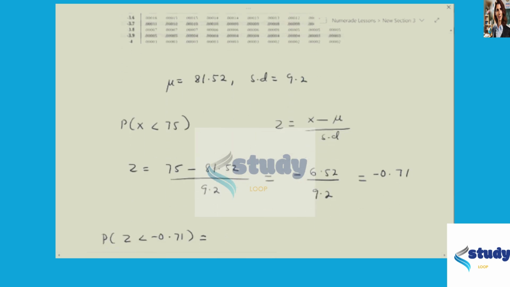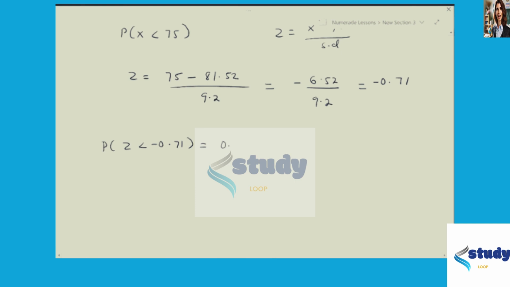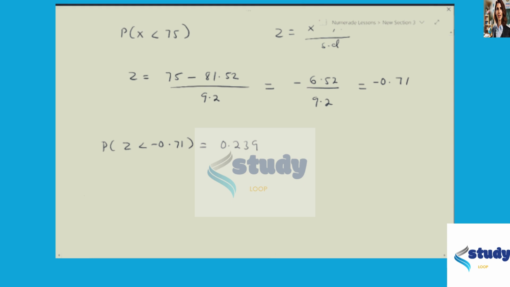That is, here we have negative 0.7, then 0.01. Okay, so that is 0.239 to 3 decimal places.